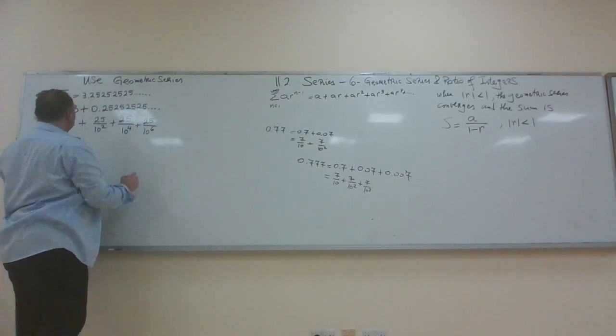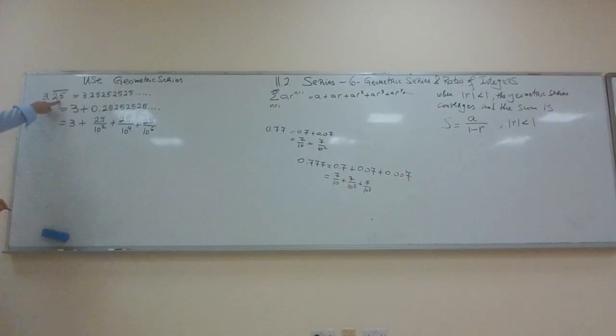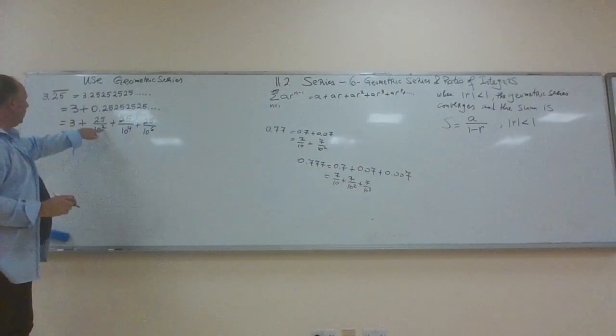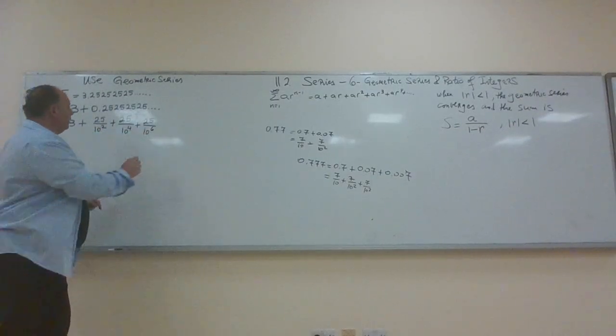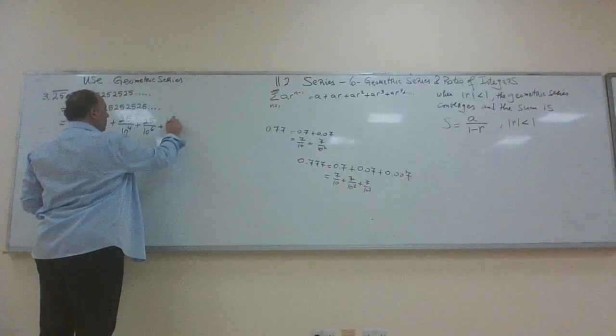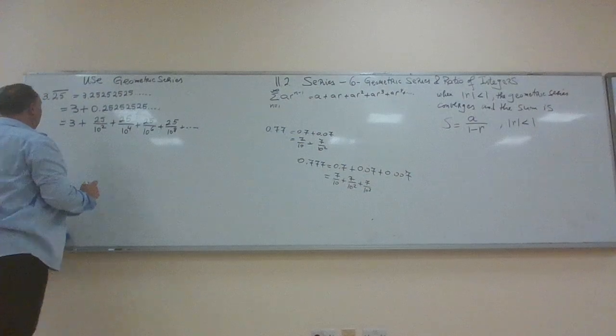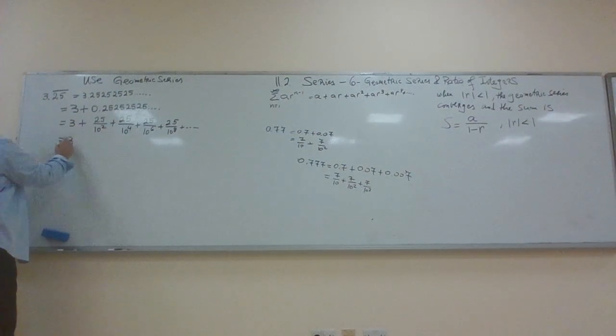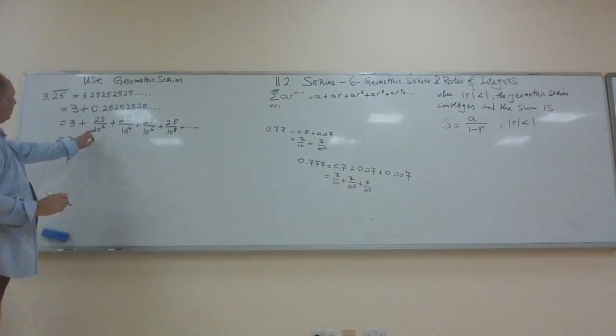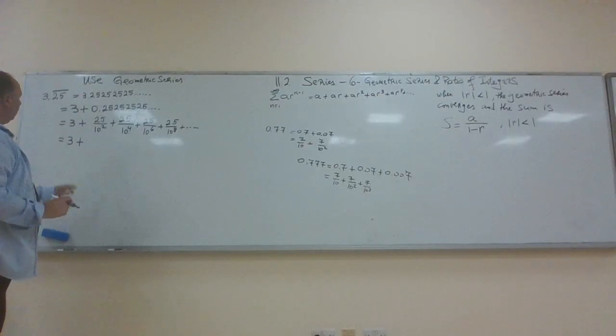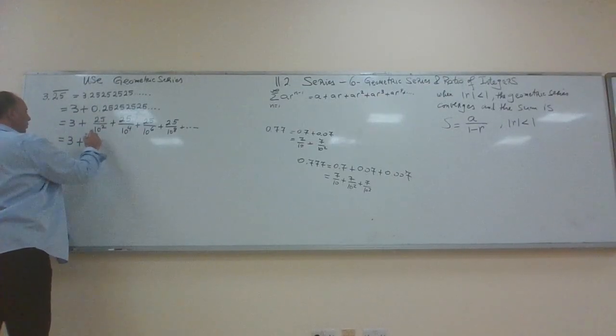So you see we are repeating two numbers, and look at the powers, 2, 4, 6, so the next one is 10 to the power 8, and it keeps going. Okay, so again 3 plus. This baby here is my A, right, for my series.